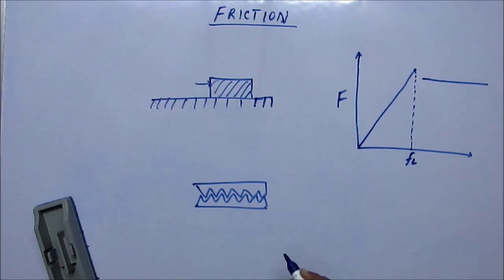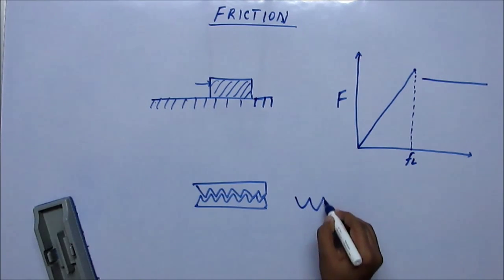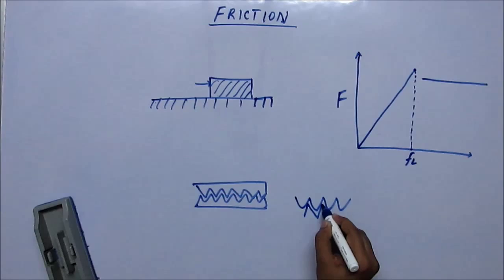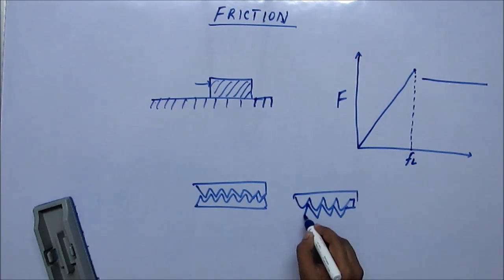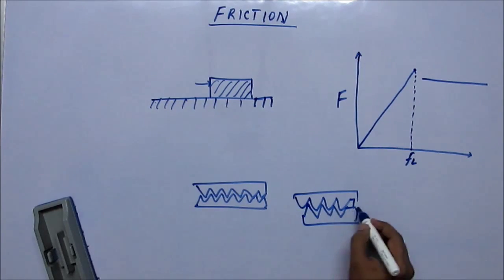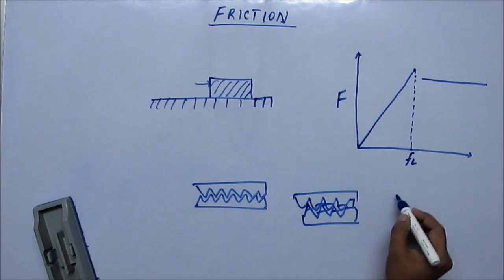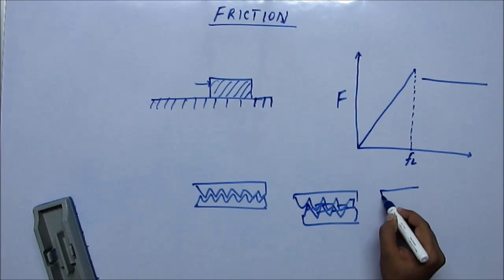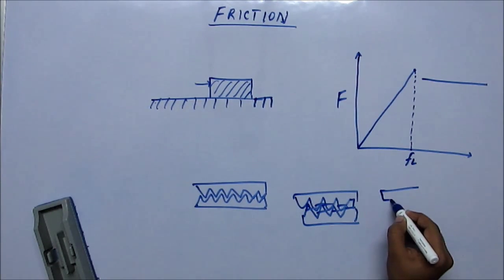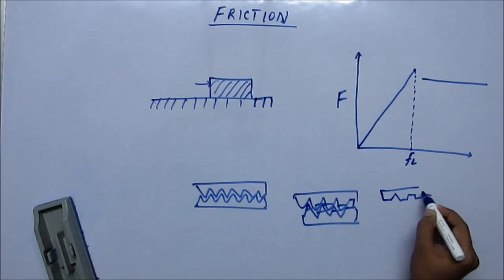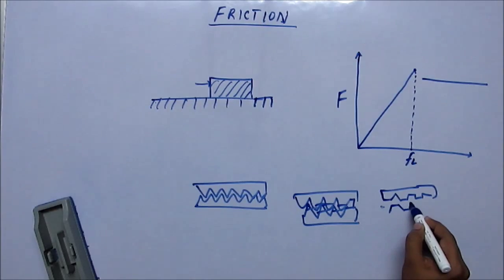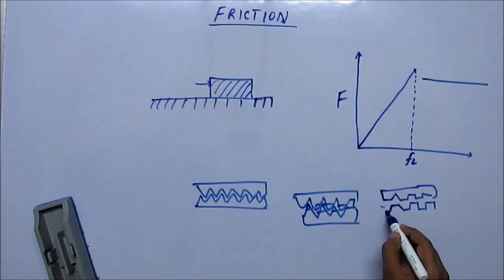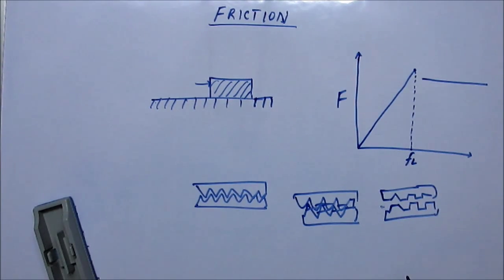During that transition, what happens, as you would understand, when it was at rest, the interlocking was strong, and when it starts motion, then the interlockings break. These teeth break, and now the teeth are more flat. You can see the teeth become more flat because the peaks have been broken.